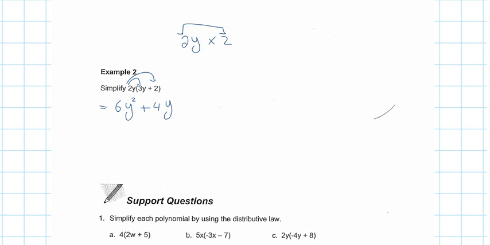Yes, so the 2y multiplies to each term inside the bracket. Okay? For the last one? Yes, because there's no other y. Okay? So I'm going to show you what's happening here.